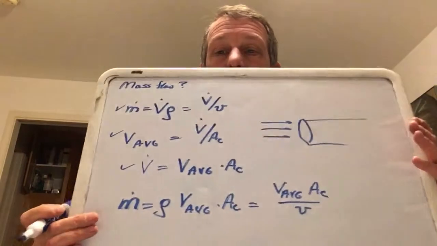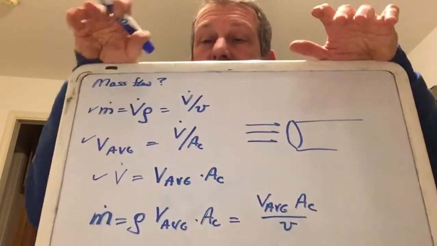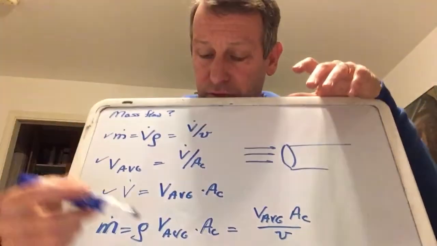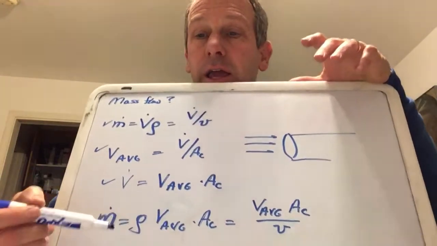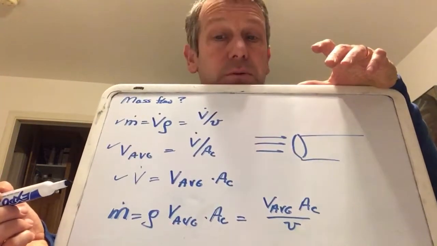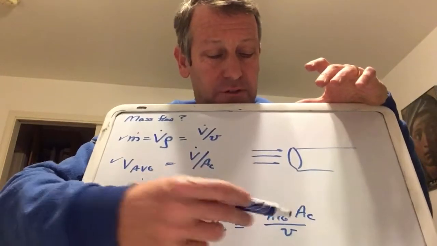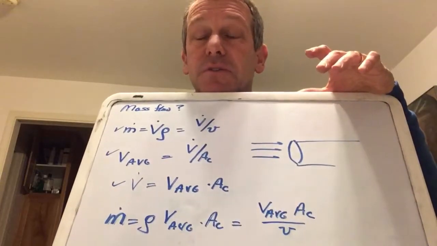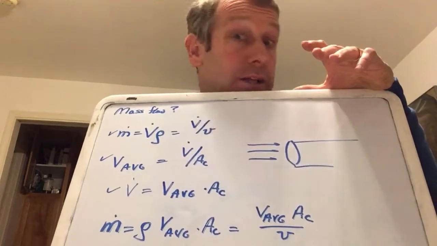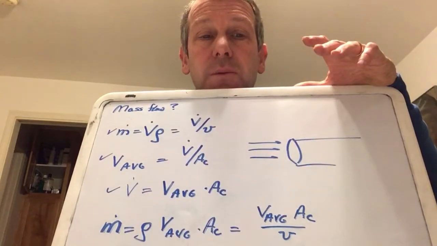Let me just write one more thing up there, and I'll show you in just a second. Okay, so last set of equations. Our mass flow rate is our density times our average velocity times our cross-sectional area, and because density and specific volume are reciprocals, we can do average velocity cross-sectional area divided by specific volume. Okay, and that's stuff that you should have practiced with a little bit on the first part of homework number 8.